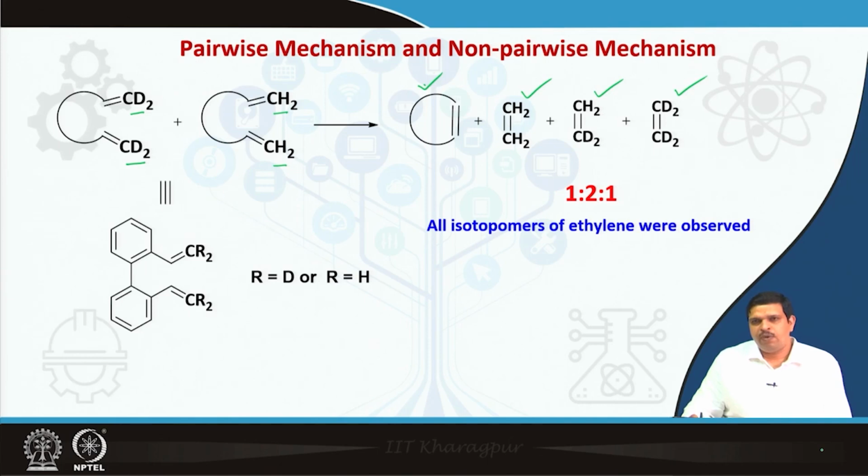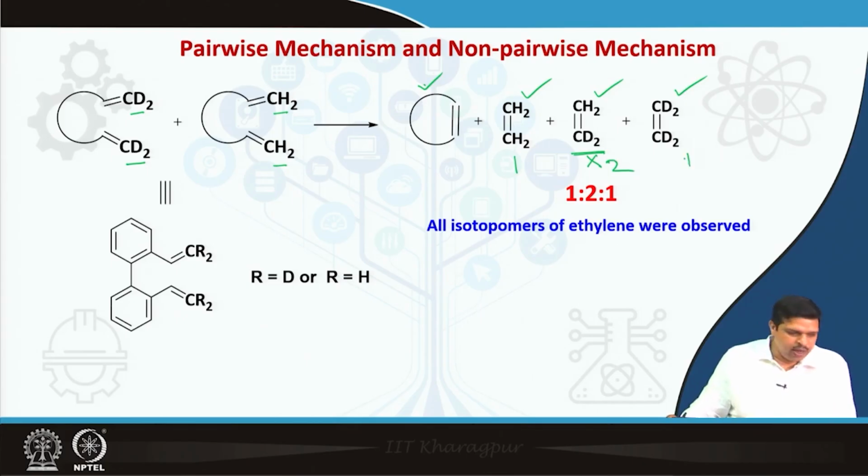If it were a pairwise mechanism, then you should not have got this part. But as it is a non-pairwise mechanism, we get the statistical distribution of 1:2:1.